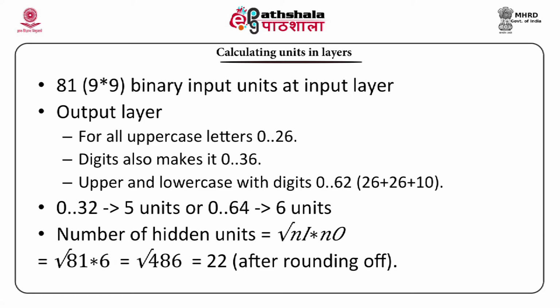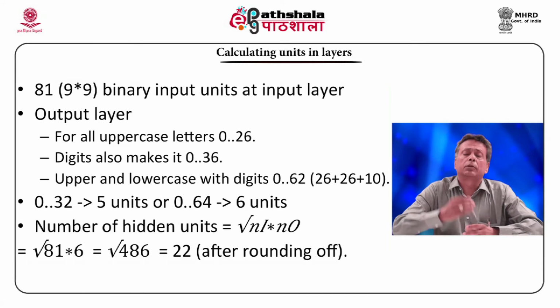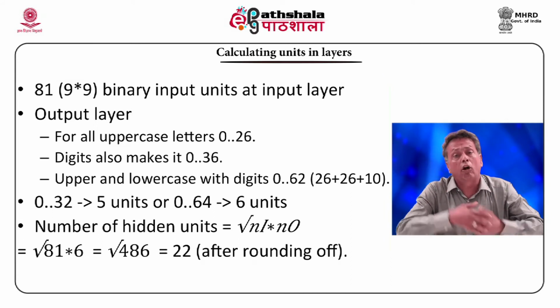It begins with 81 inputs, as 9 into 9. Every input of A will be 9 into 9, a total of 81. So that is x1 to x81 information provided. Every A contains 81 inputs. Obviously, I want to identify not only A, but suppose I am interested in finding all uppercase letters.